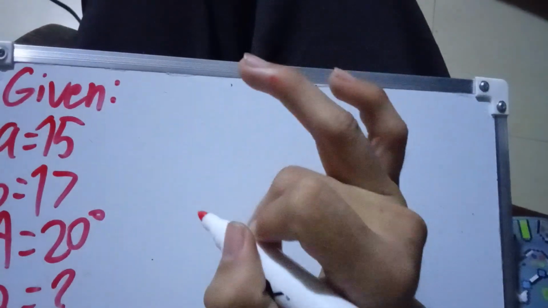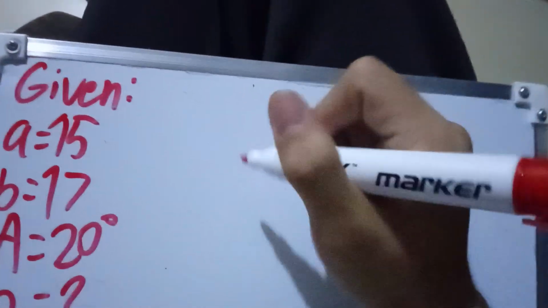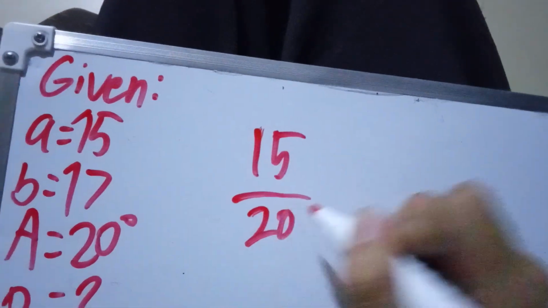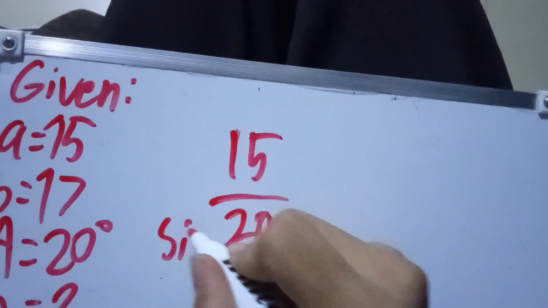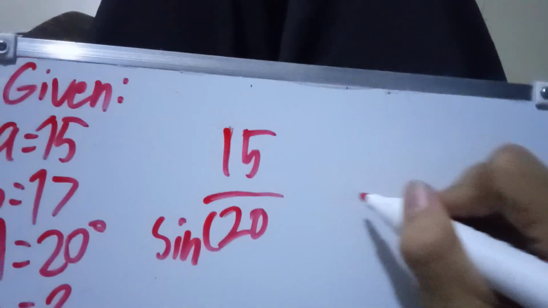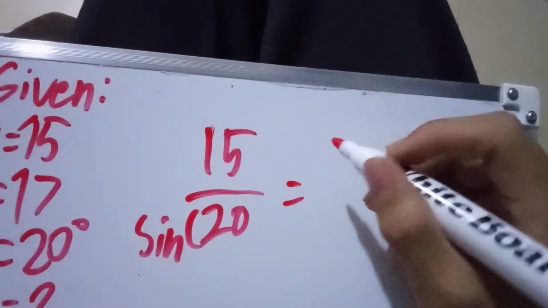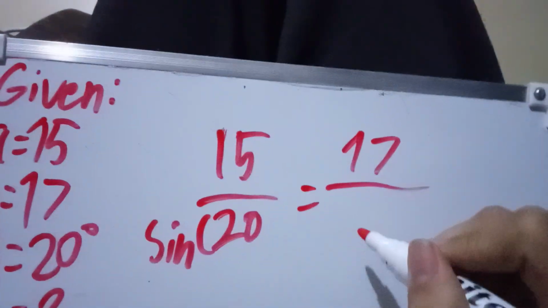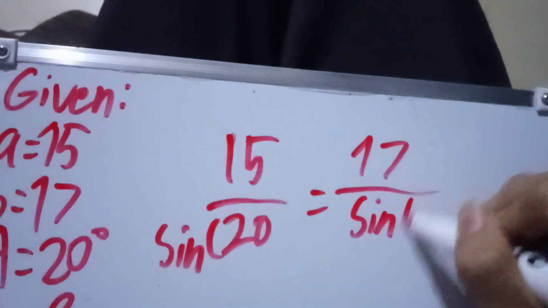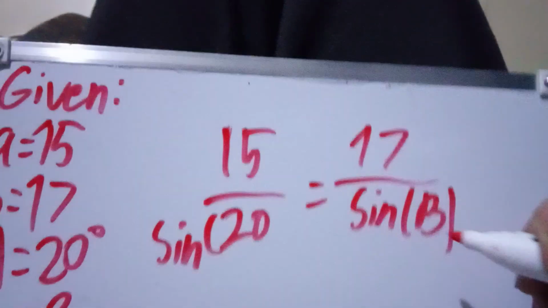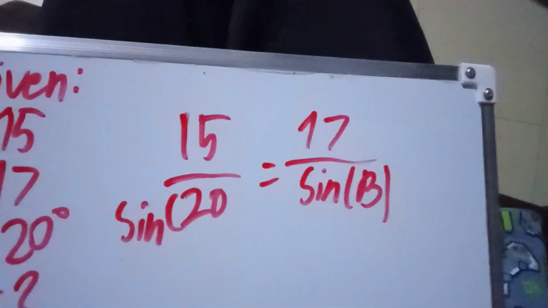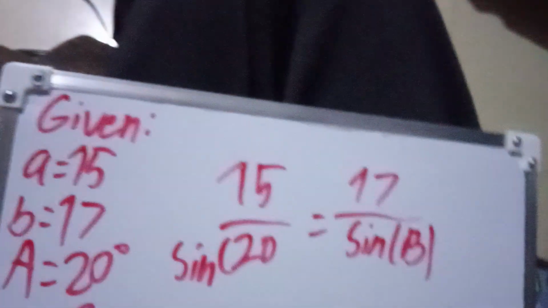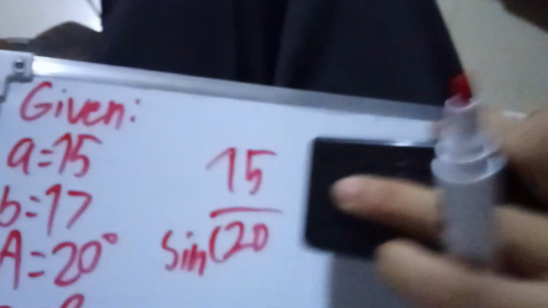Since we're going to use the formula I showed you that I erased, it's 15 over sine 20 equals 17 over sine b. Wait, let me just remove the equals.